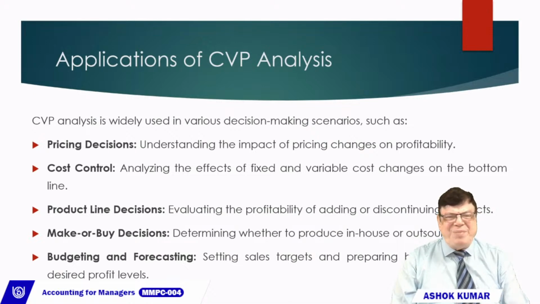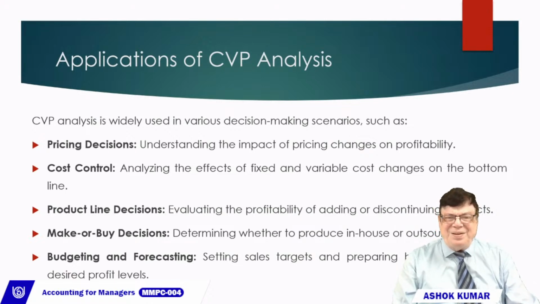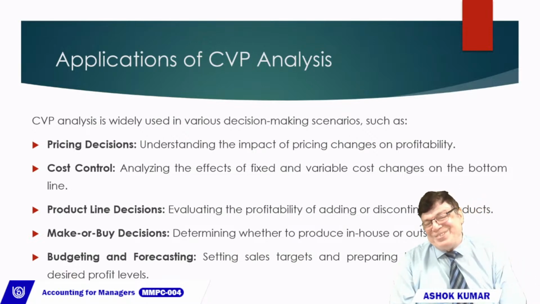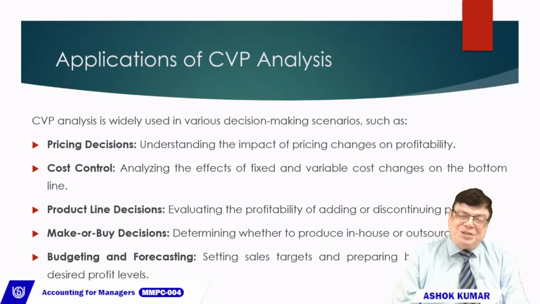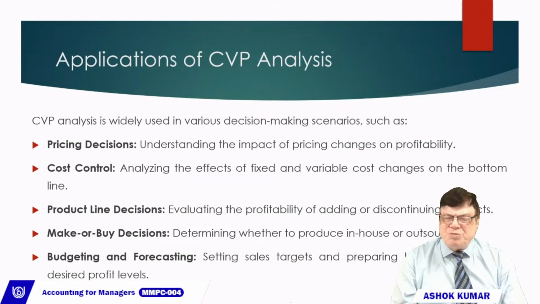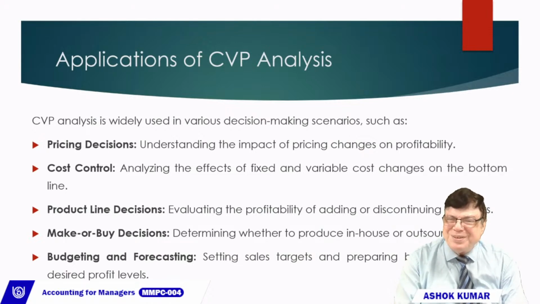Then make or buy decisions, determining whether to produce in-house or outsource. This is also very important. Say, for example, in shoes, leather soles are available very cheap in Taiwan. Many shoe companies import soles from Taiwan and then make the top portion in their factory.